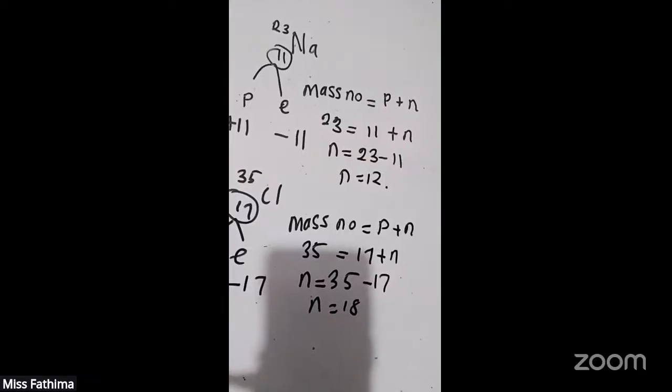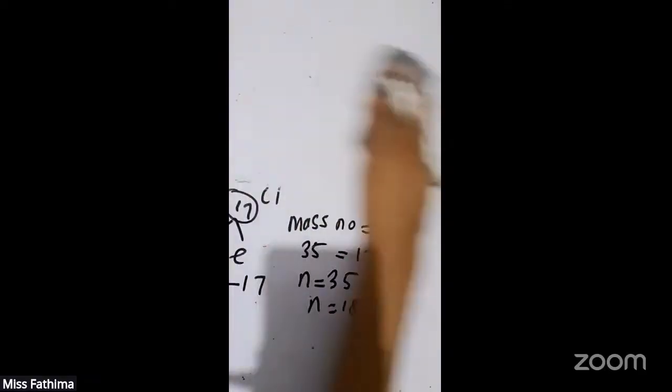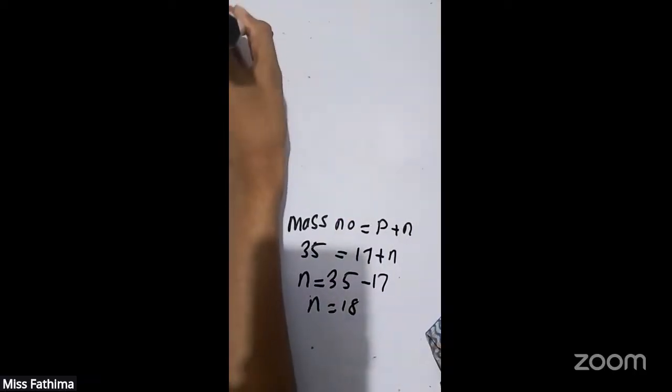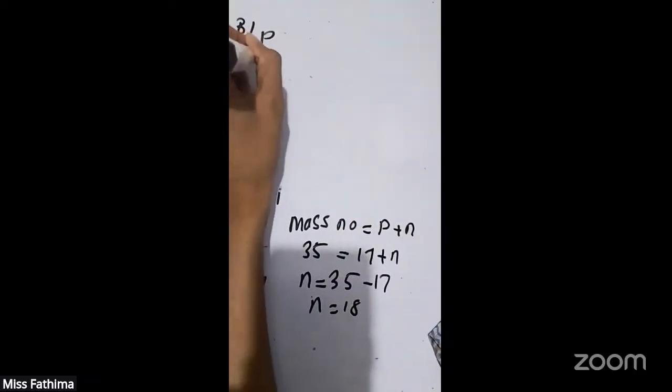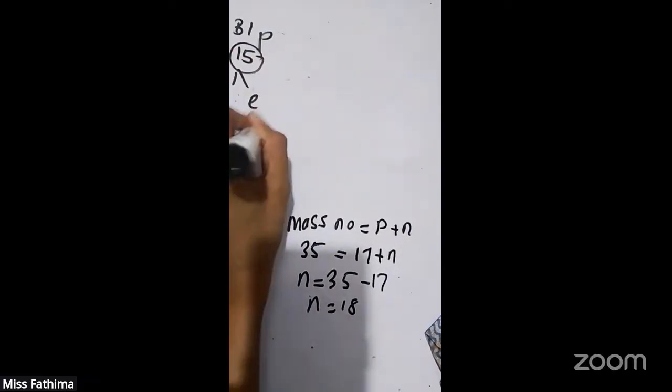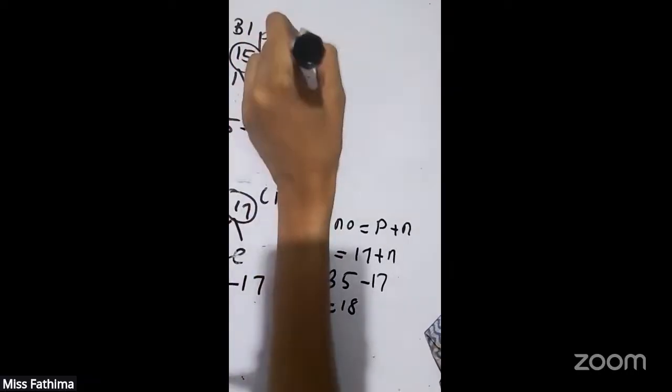Right? Third, phosphorus. Okay, phosphorus is 31 and 15. This 15 will give you the number of proton and electron, plus 15 and minus 15, right?